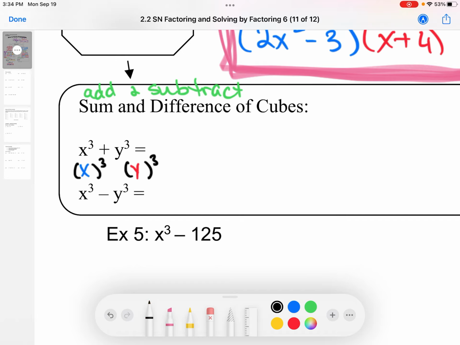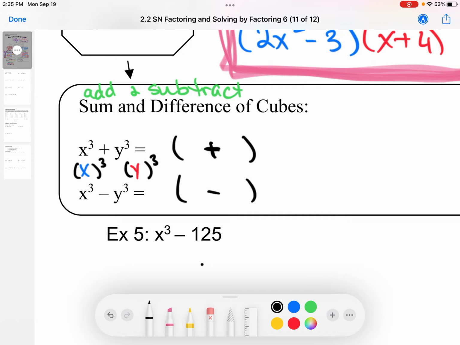Now, in this factoring, the first parentheses has 2 terms. The sign in that first parentheses is the same sign as the original problem. So the top row has x cubed plus y cubed, so this first sign is positive.